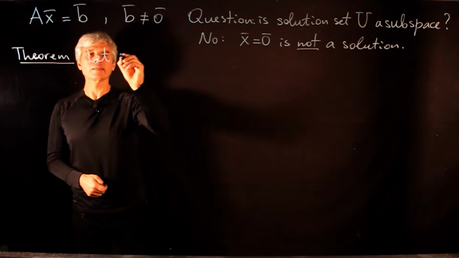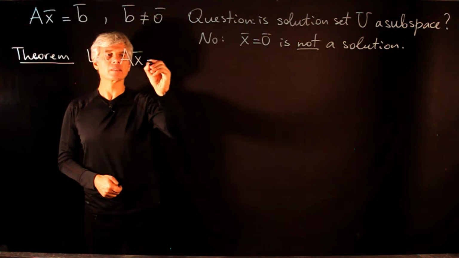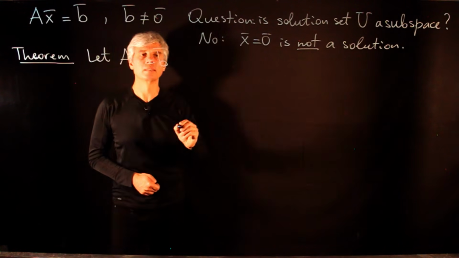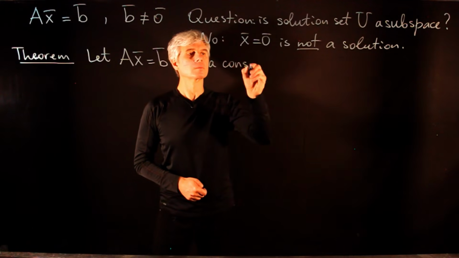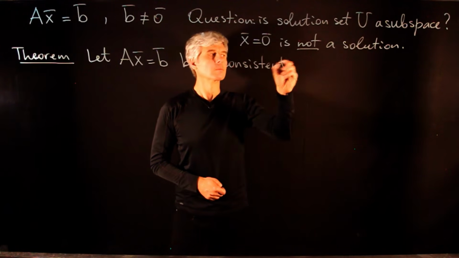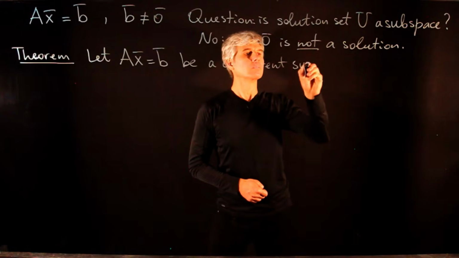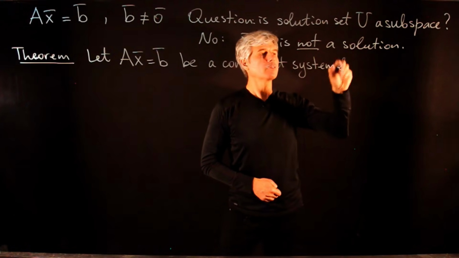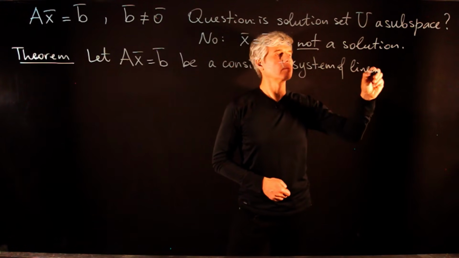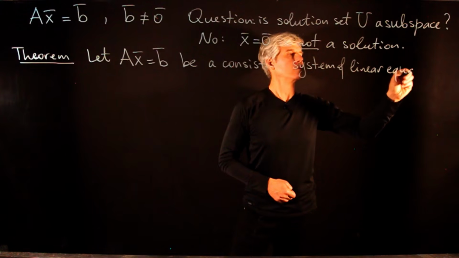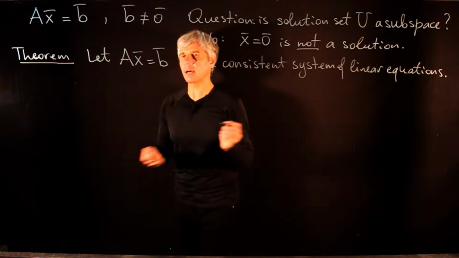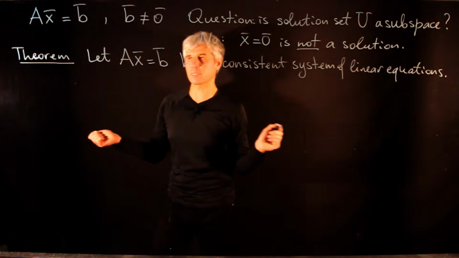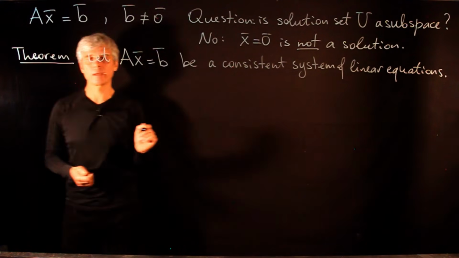So let AX equals B be a consistent system of linear equations. Well, we require it to be consistent, otherwise the solution set is empty, and so it's not interesting.